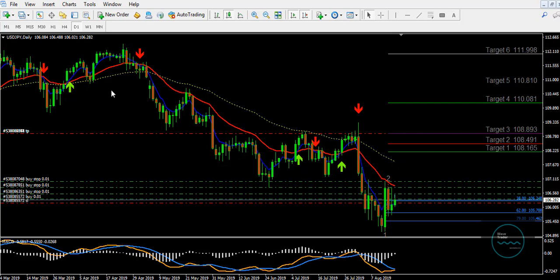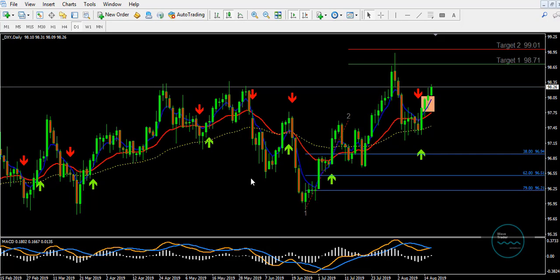So for those of you who are still finding it difficult to find trades, you can do what I did. You can just keep your eye on the dollar index and look at what it's doing. Whenever you see a bullish move here, you should know that the euro and the pound are going to do the opposite.